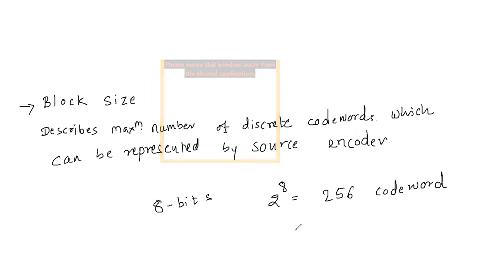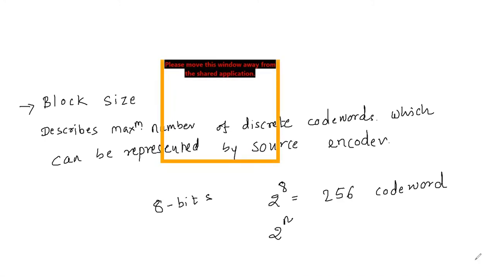Just recall the relation 2 raised to n. So if each code word comprises 8 bits, there will be 256 code words inside the block. Now let us see the next definition, that is the length of the code word.